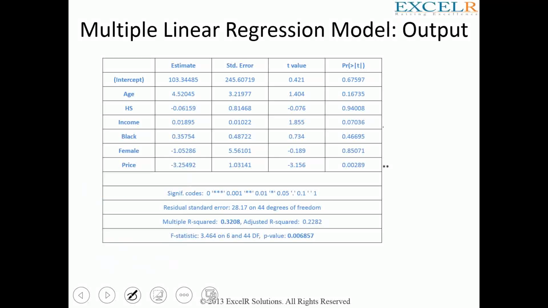All right. One more thing, if you notice here, higher the t value, lower will be your p value. Higher your mod of t, lower will be your p value. Just remember that.